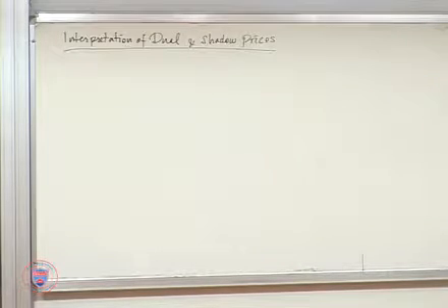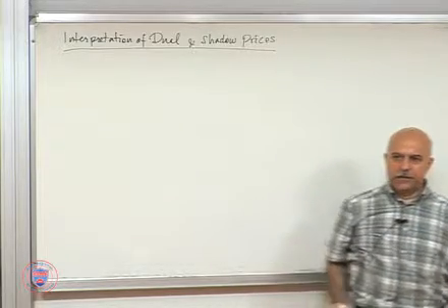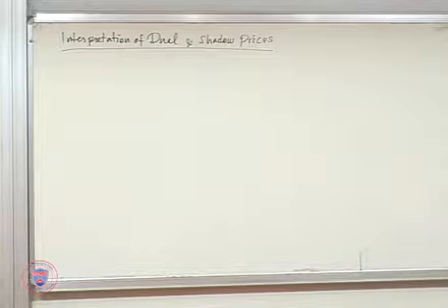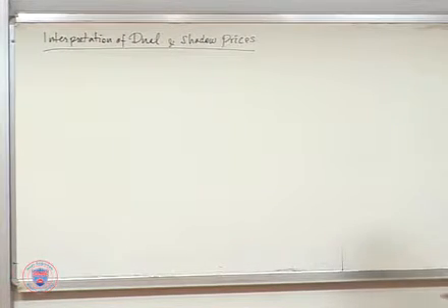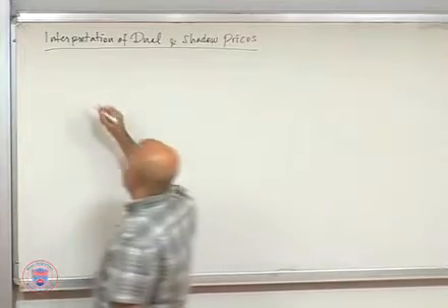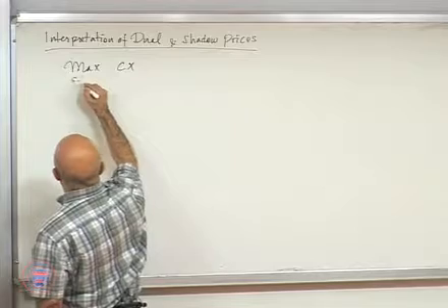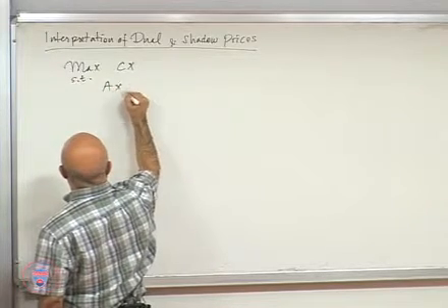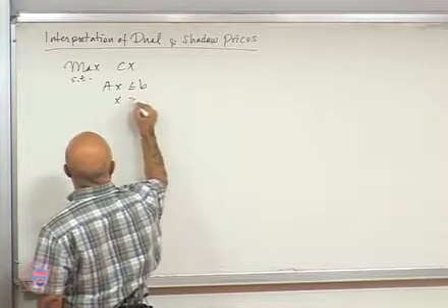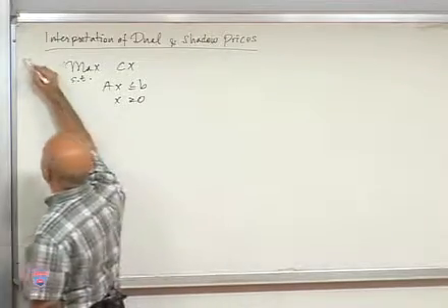Economical interpretation of the dual problem and the so-called shadow prices. This is again a special term, and you will hear that here and there, so you need to know what they are. So I'm going to consider a problem of this sort. Canonical form maximization problem.